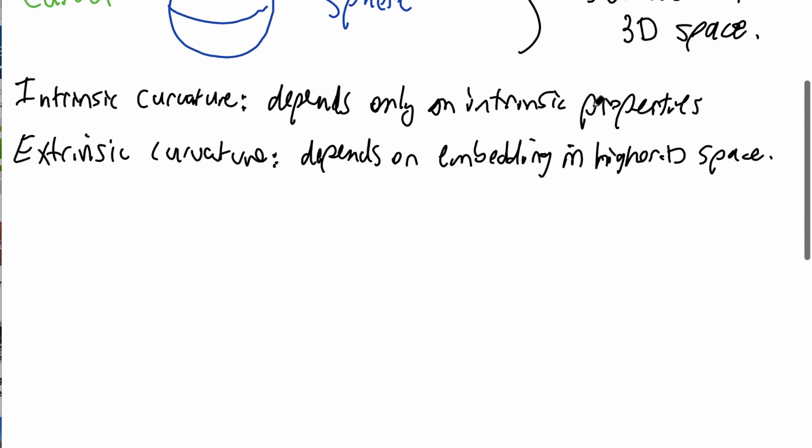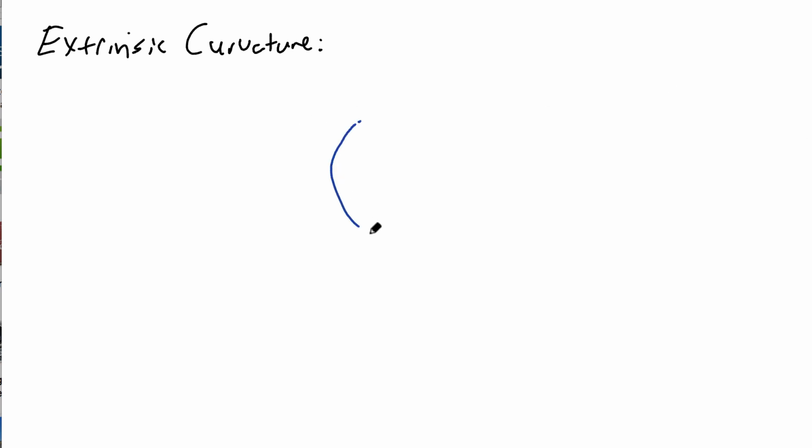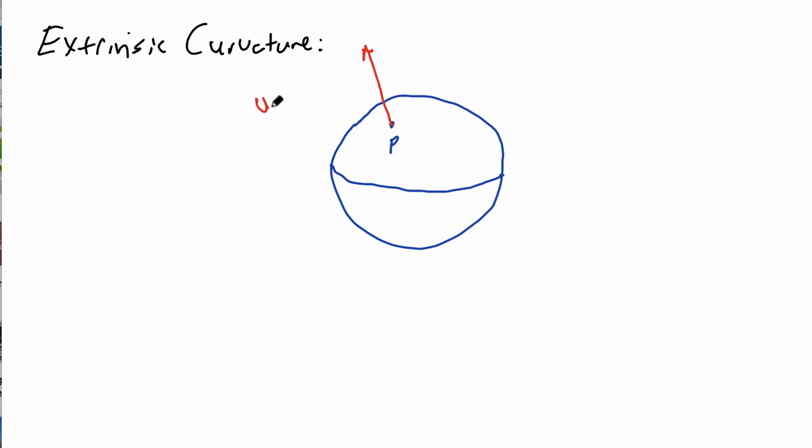So how do we define curvature mathematically? Let's start with extrinsic curvature. Once again, this is the sphere, and it's embedded in three-dimensional space. We pick a point on the sphere, say a point P right here, and we construct the normal vector to the sphere. This is the unit normal. It's a unit vector as defined in the embedding space, three-dimensional space.